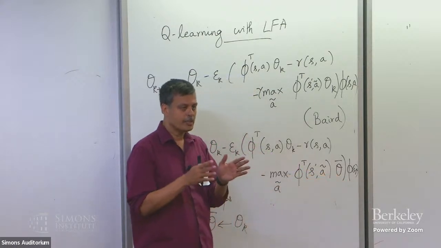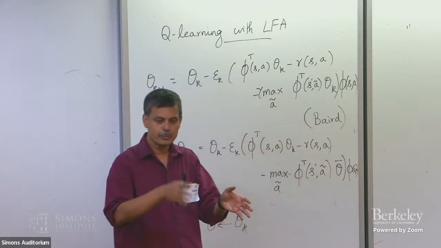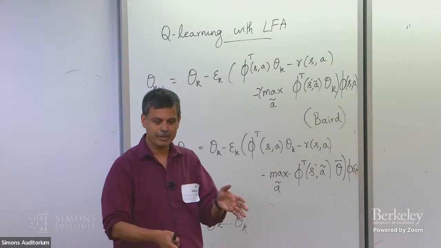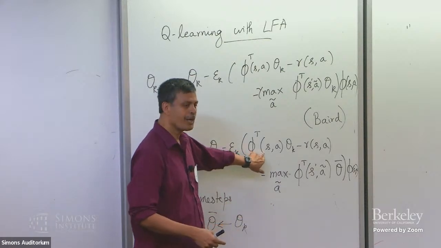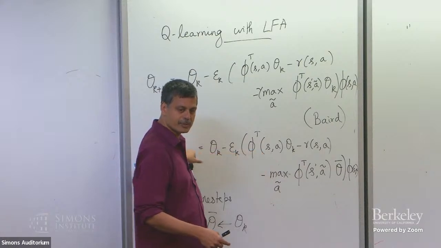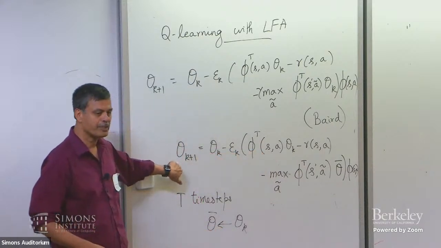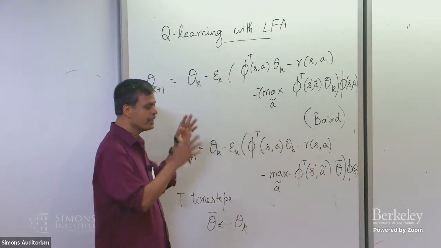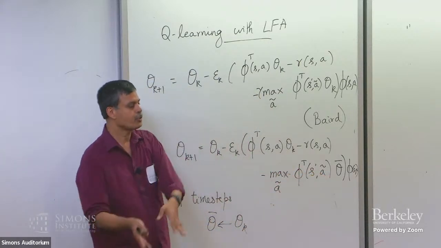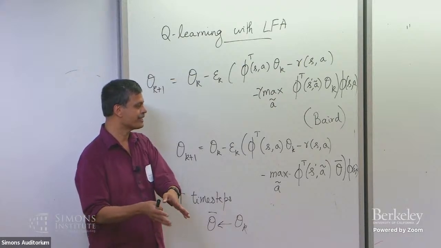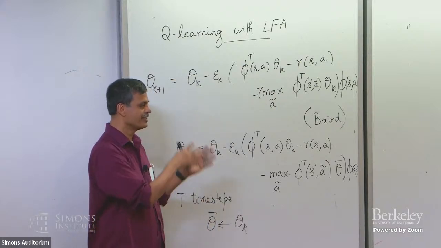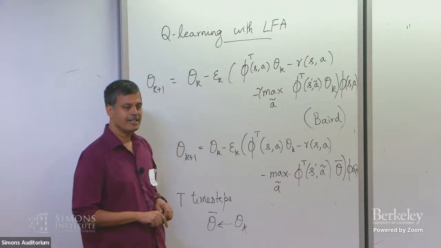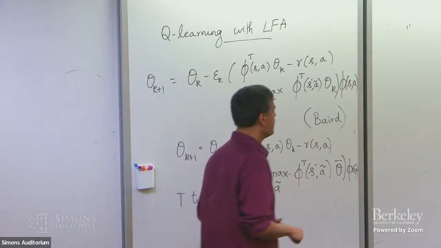So they use what is called a target neural network, whose weights are frozen for a certain amount of time. Then you learn the parameters of another neural network, take those parameters and swap them into the first network, and then do this again. So this we prove to converge.